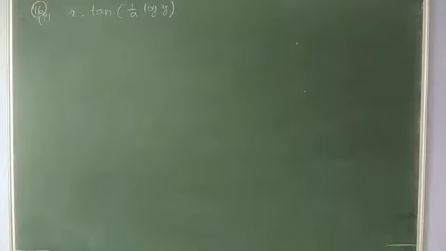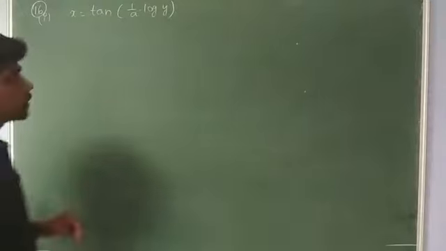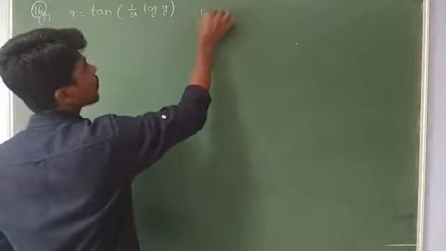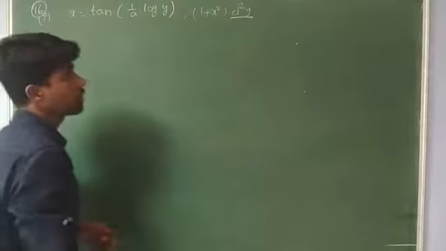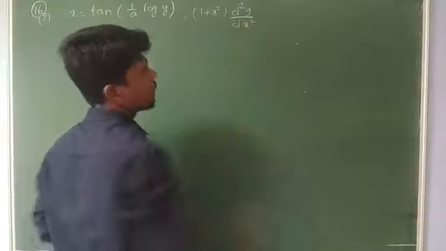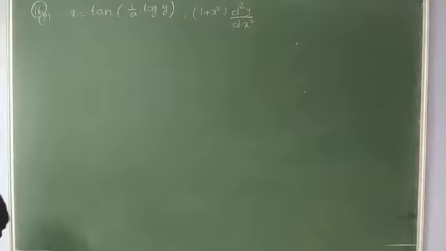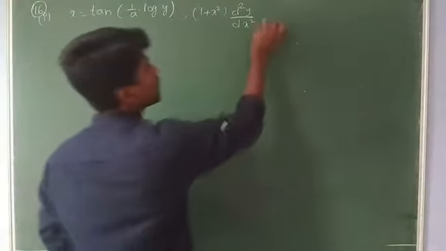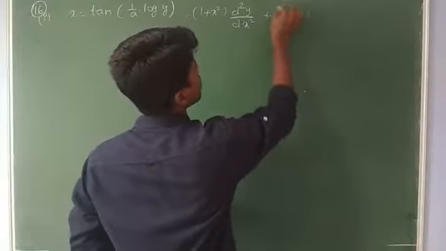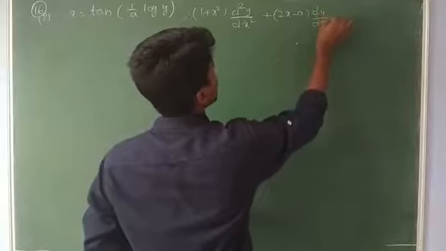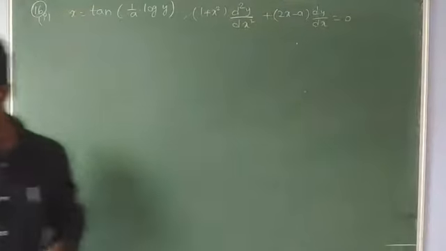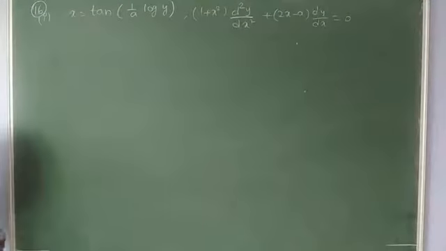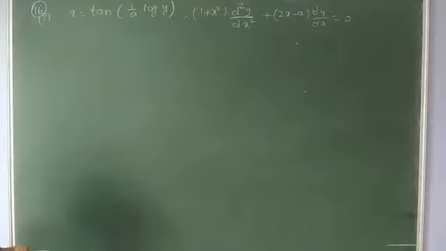Then prove that 1 plus x square into d square y by dx square, I can call it as d2y by dx square, both are same, plus 2x minus a into dy by dx is equal to 0. So that I have to prove.